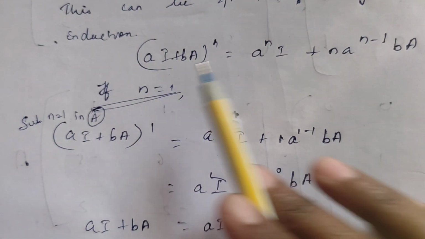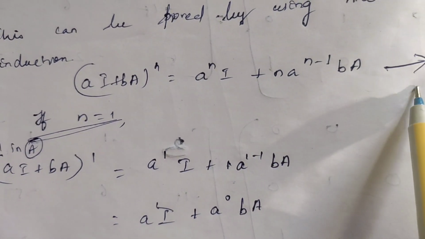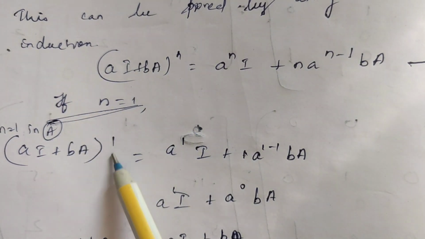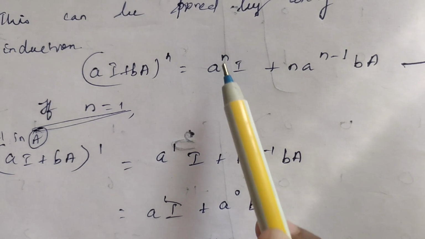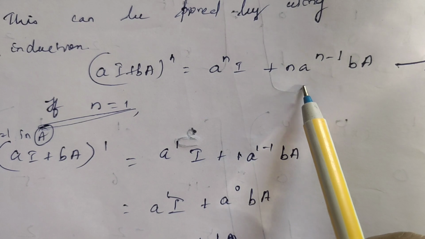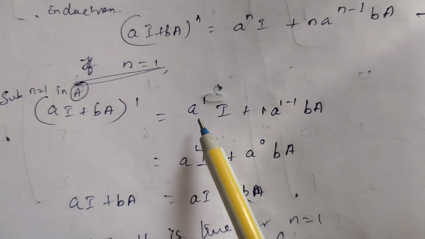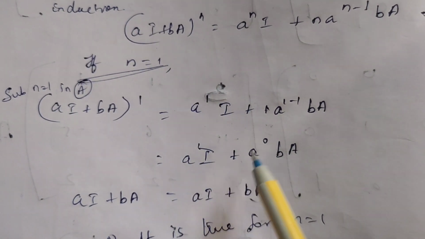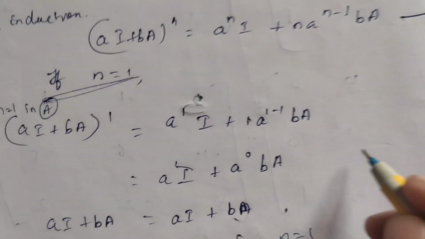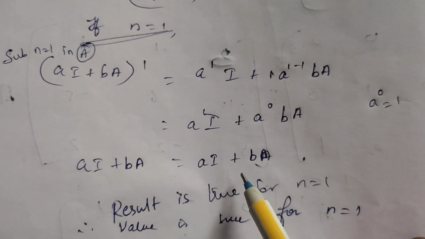First we are going to prove this result for n equal to 1. Substitute n equal to 1 in this result: (aI + bA)^1 is equal to a^1 I plus 1 into a^(1-1) into bA. a^1 is a, and a^(1-1) is a^0, which is nothing but 1, so we get aI plus bA.